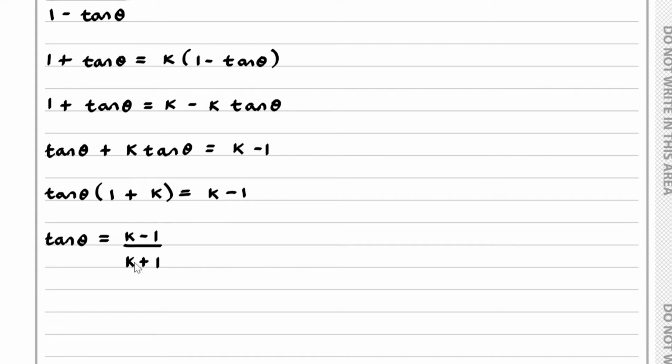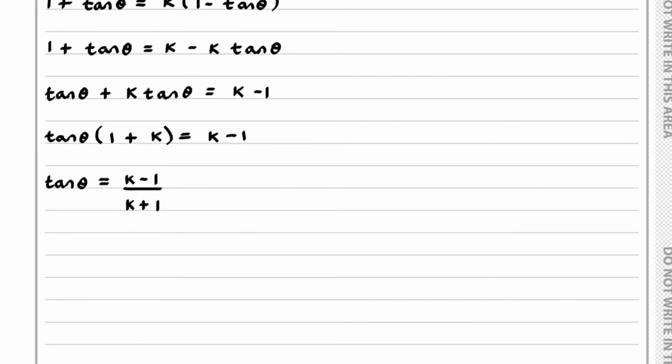So now, what we need to do is show that this has a unique solution in between 0 and pi over 4. Now, what I'm going to do is rewrite the k minus 1 over k plus 1. I've got this k minus 1 and I'm dividing that by k plus 1.